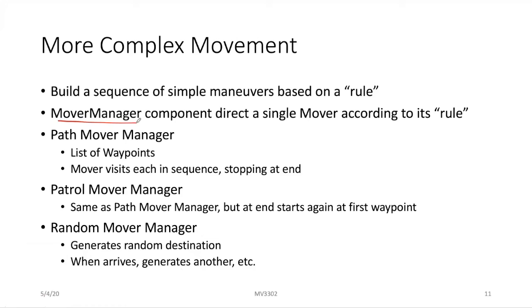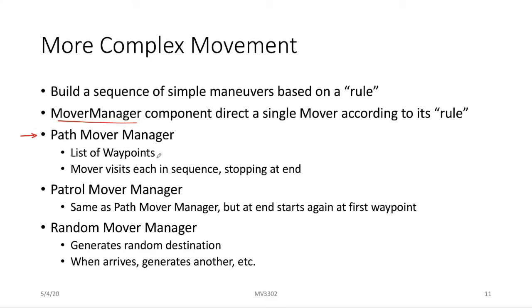So the idea is that a mover manager component is going to direct a single mover instance according to what its rule is. There are actually many that we could develop, but really the simplest 3 are the ones we're going to focus on here. The first is what I call a path mover manager.